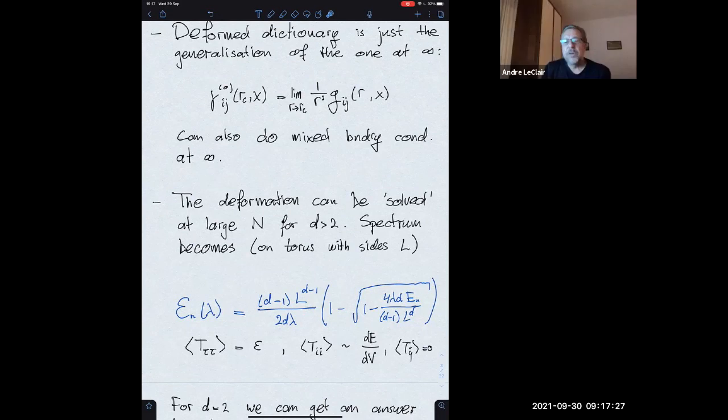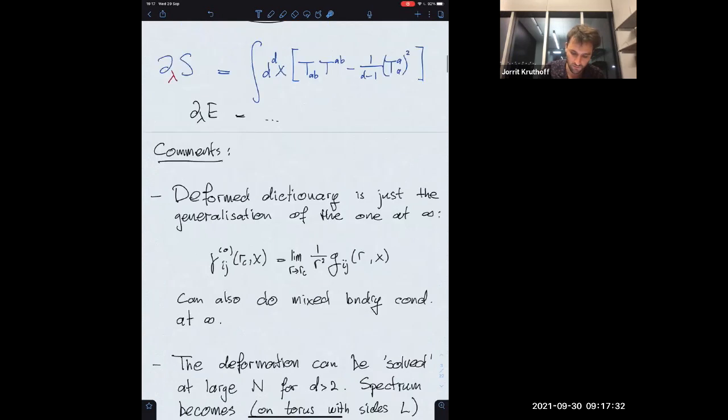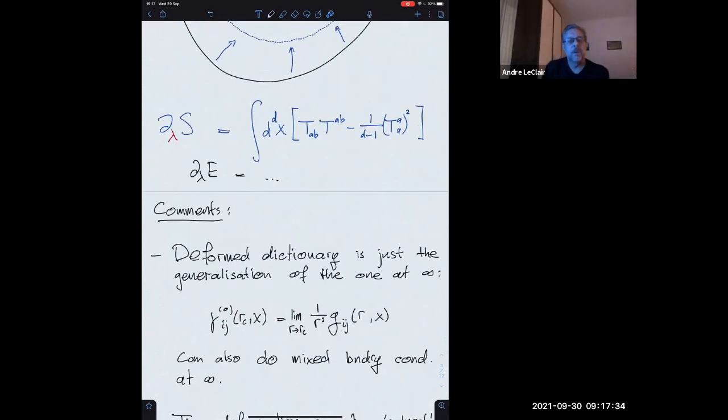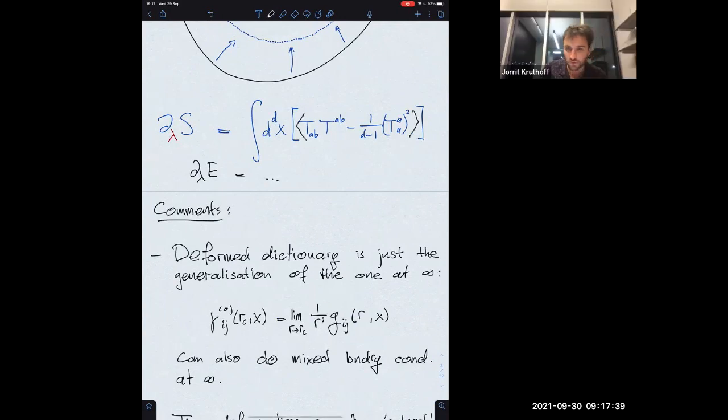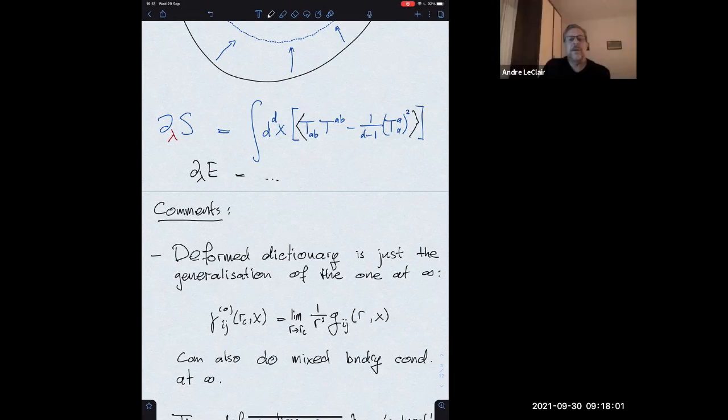How does large N come in here? Because of the factorization. If I want to calculate the energy, what I'm doing is taking an expectation value of the entire thing. Similar to the 2D case, you also have this factorization property being used to reduce the expectation value of this composite operator to a product of expectation values of one-point functions of T. So that's kind of an effective action.